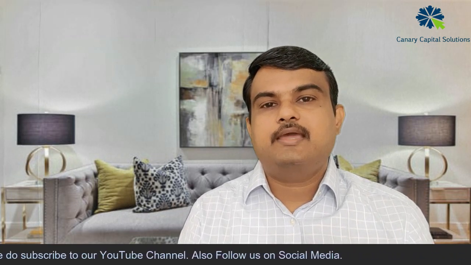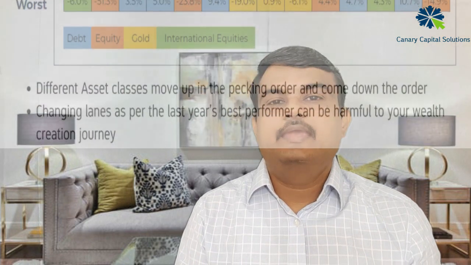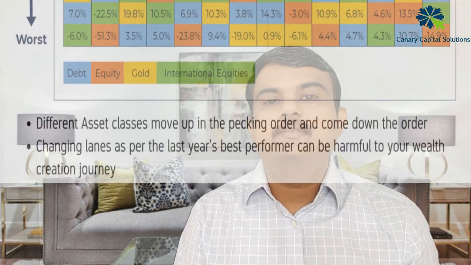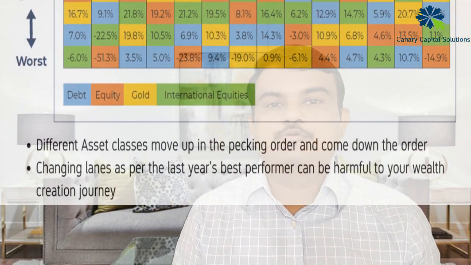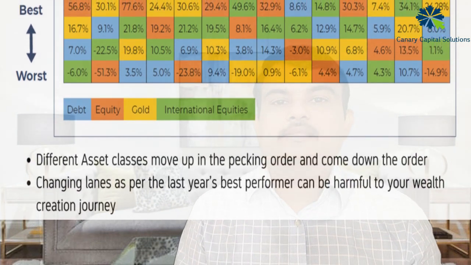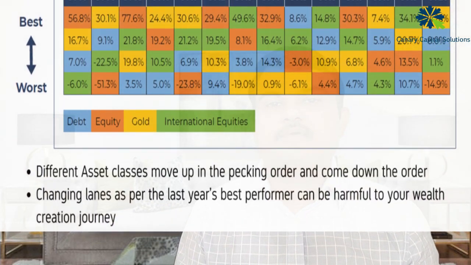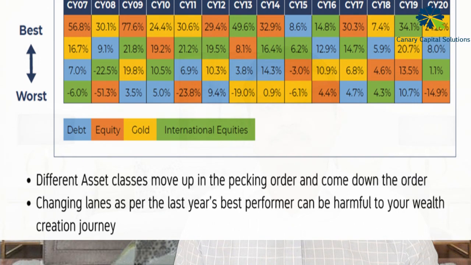Each asset actually performs at different points of time. The data I am going to share with you is very interesting, and this data covers investments across equity, debt, gold, and international equities. If you look at this chart, it clearly shows that no single asset class performs consistently.